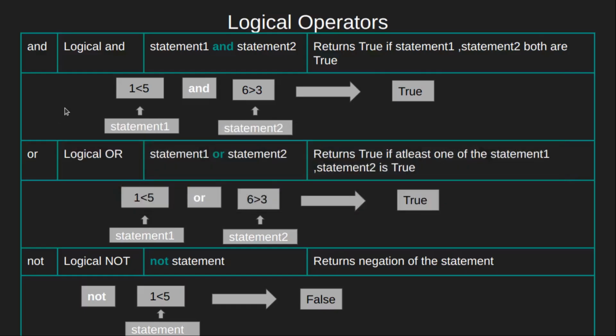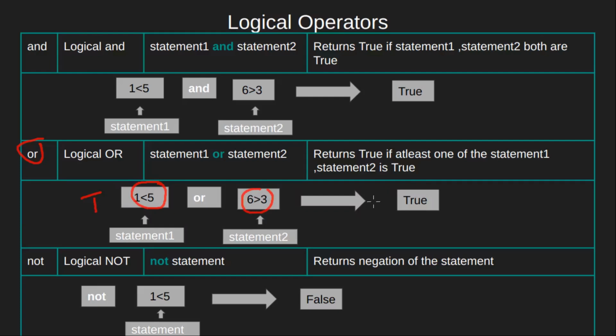Now, similarly, you have the logical OR statement. Logical OR takes two statements and performs an OR operation. The return value is true if one of them is true. So if either this is true or this is true, the output is going to be true. For example, here 1 is less than 5 is true, so it need not bother to check whether this is true or not.